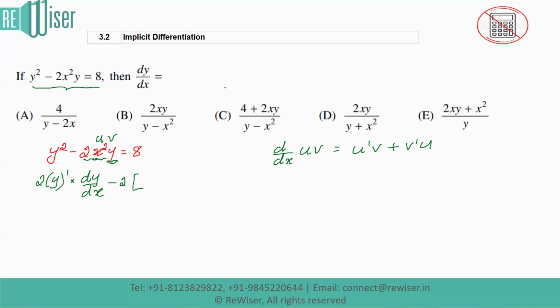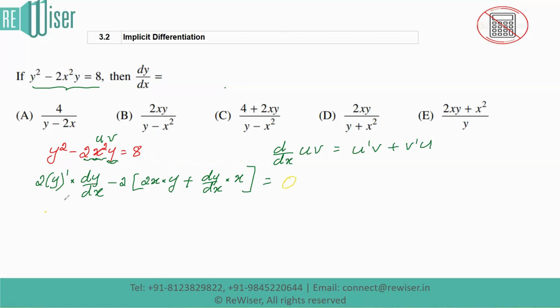So according to this, the derivative of x squared would be 2x multiplied by y, keeping the y as it is, plus the derivative of y, which is dy by dx, keeping the x as it is, equals, on the other side, the derivative of a constant, which is always 0.